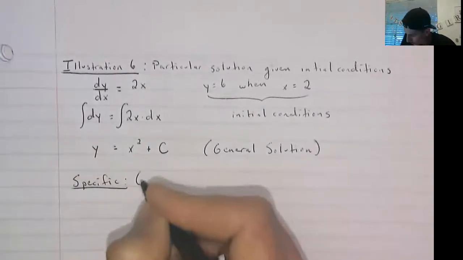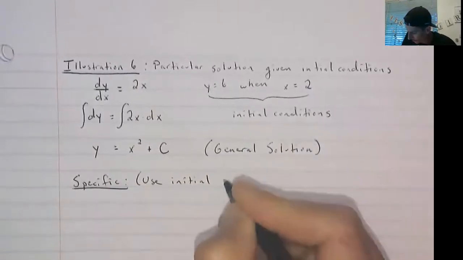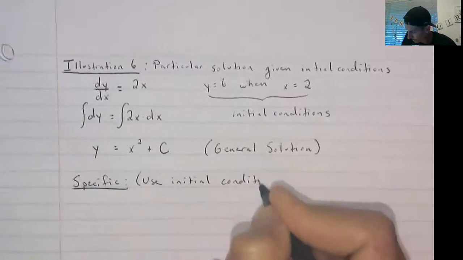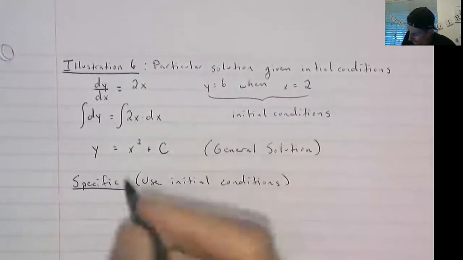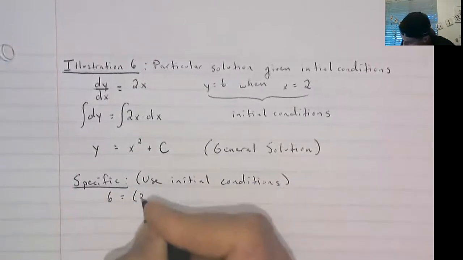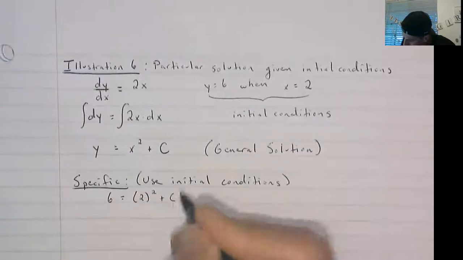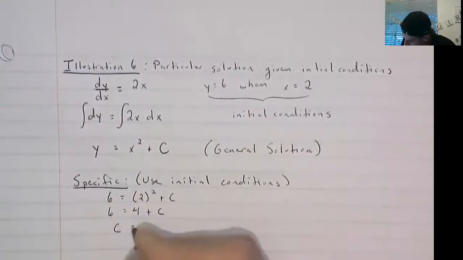So specific means we're going to use initial conditions. And the initial condition was that y is equal to 6 when x is equal to 2. So c is equal to 2.